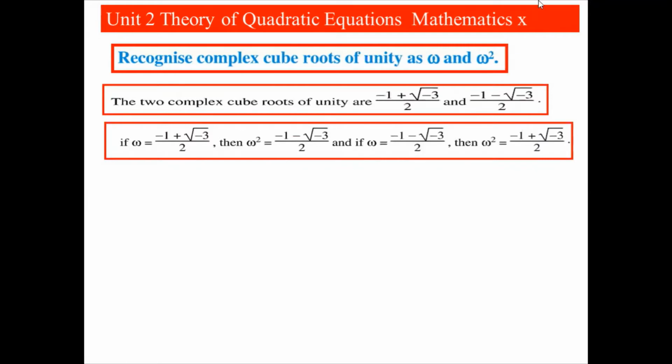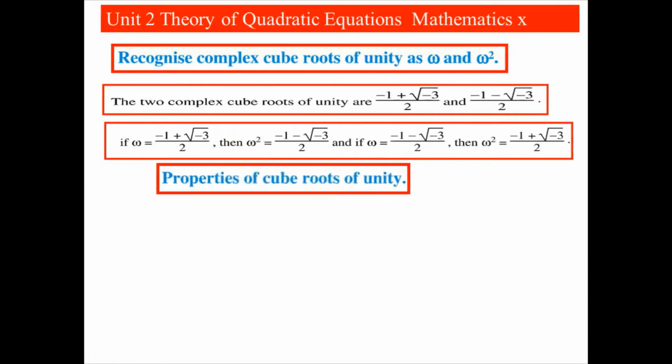So we can take either root as omega or omega square. If we take the first root as omega, then the second root is omega square, and if we take the second root as omega, then the first root is omega square. So now we are going to prove the properties of the cube roots of unity.